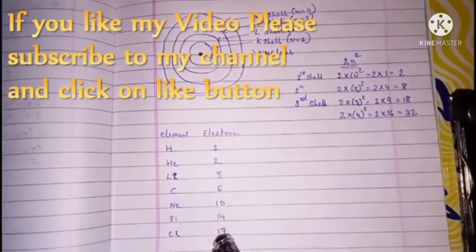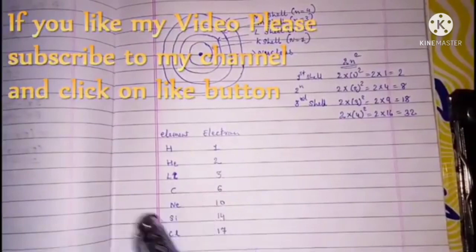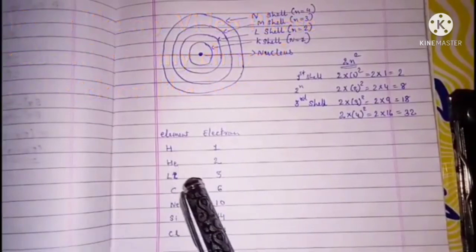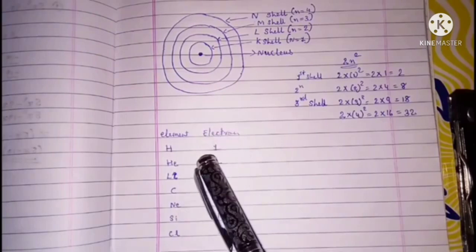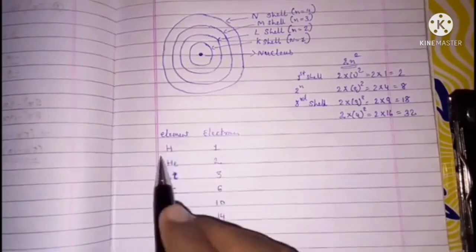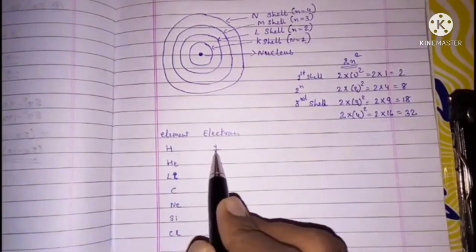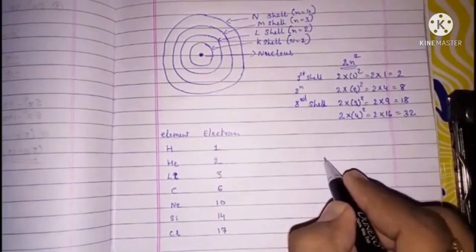Now here I took some elements for the explanation of this Bohr's model. How many electrons? These electrons are decided based on the atomic number. So hydrogen's atomic number is 1 and the number of electrons in hydrogen is 1.